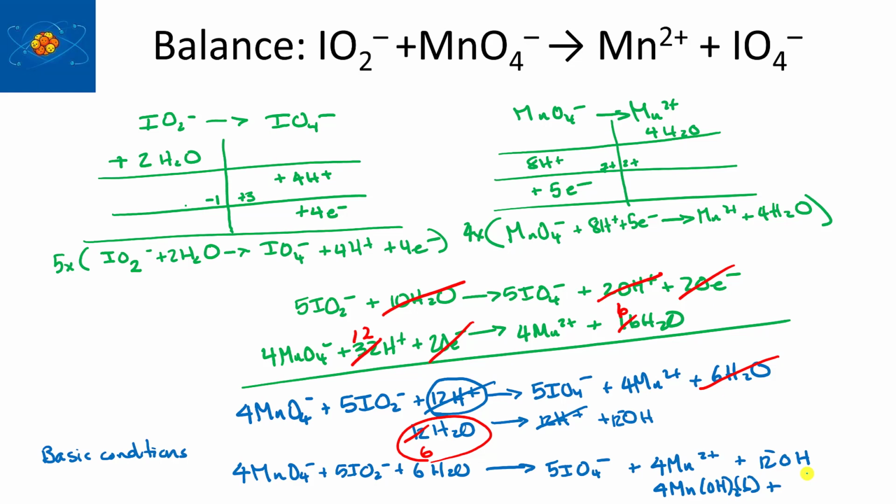Plus 4 more OH minuses. That's probably what it really should be. Although most of the time you can stop at this point here and everything's all right. But if you're given the option under basic conditions to balance a redox reaction, and it's, let's say, a multiple choice type question like on your final, then you should probably be looking for possibly the answer looking like this or the answer looking like that.